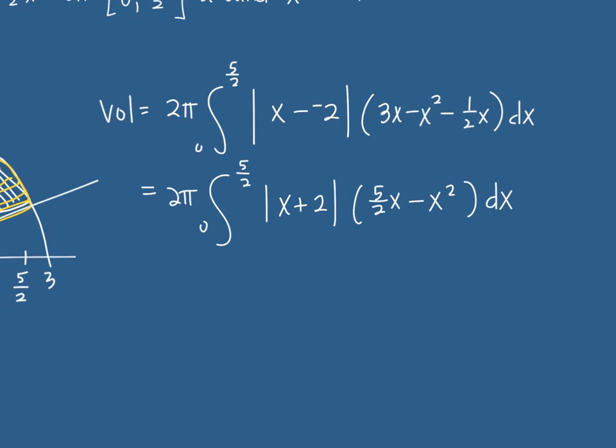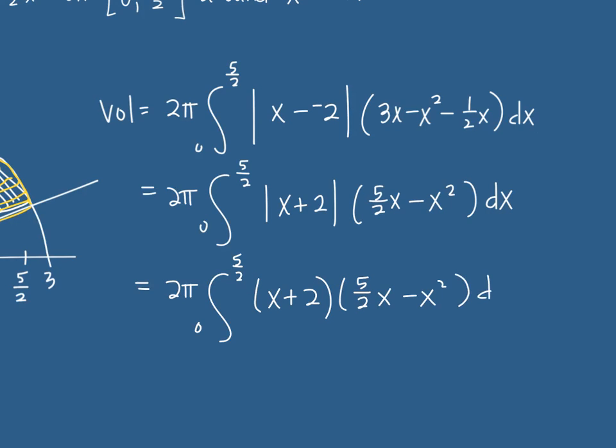Then I consider the absolute value. The absolute value is x plus 2. The values of x are going to range between 0 and 5/2, which are always positive, and then we're adding 2 to it, so it will always be positive. And so the absolute values are not necessary. So it'll be x plus 2, guaranteed to be positive, times 5/2 x minus x squared.